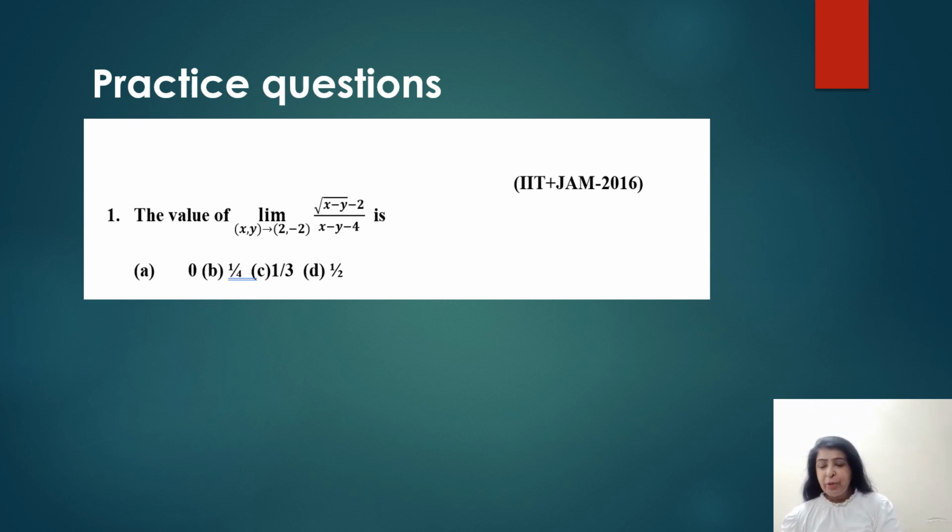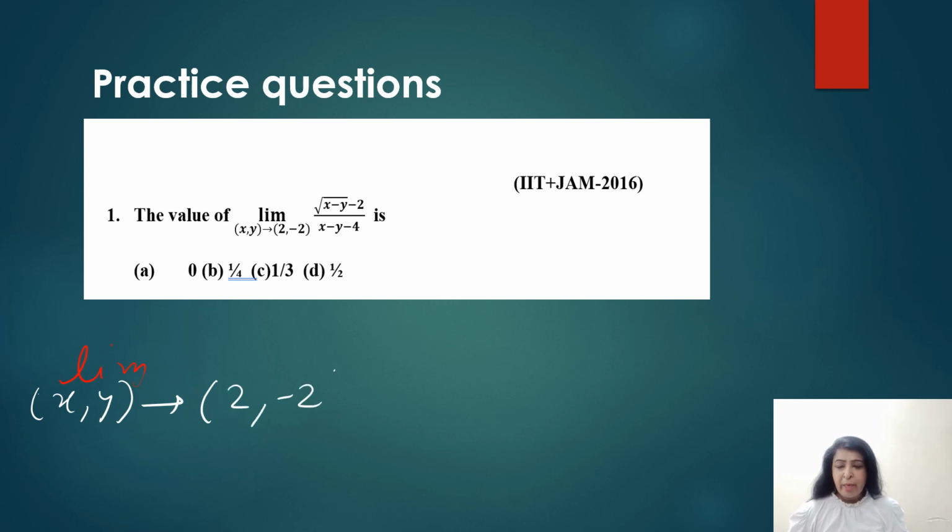Now what will we do? We will write this as the limit as the ordered pair (x, y) approaches (2, minus 2) of (under root x minus y minus 2) divided by (x minus y minus 4).